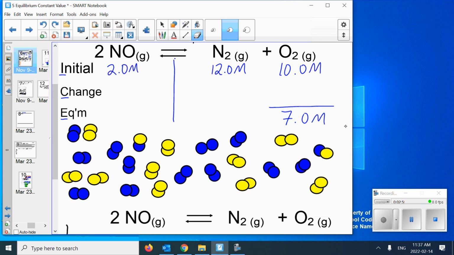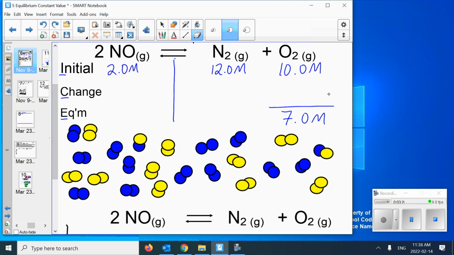If you look carefully, there's 12 groups of N2. 1, 2, 3, 4, 5, 6, 7, 8, 9, 10, 11, 12 pairs of N2, the blue. And there are 10 groups of the oxygen, yellow.